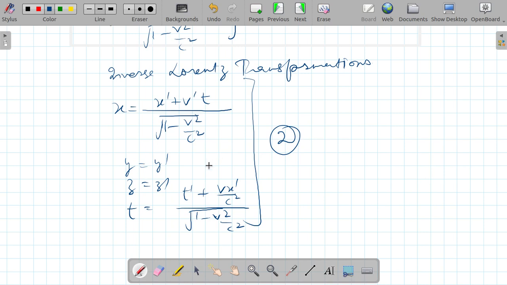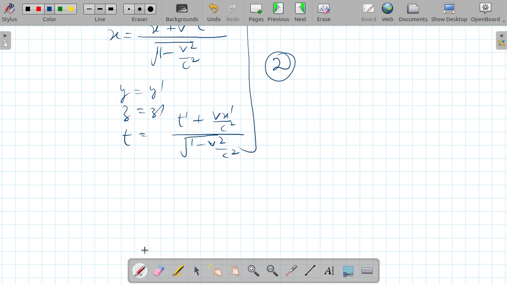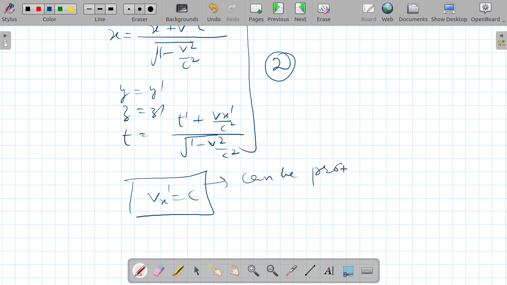And using these Lorentz transformations, we can prove that vx prime must be equal to c. This can be proved using Lorentz transformations.